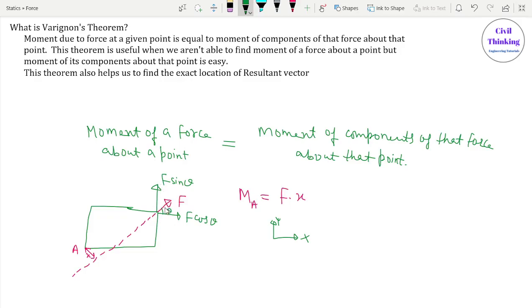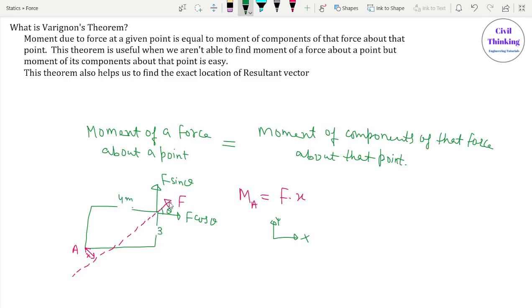This is known as resolution of vectors, resolving a force into two rectangular components. If you don't know much about this, you can watch the video lecture on resolution of forces or resolution of vectors. It is quite simple. So let us say we know this distance. For example, this is 3 meters and here it is 4 meters, right?